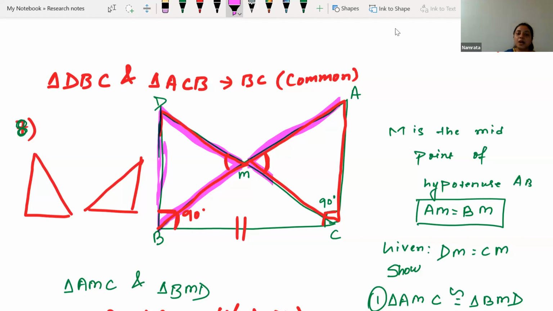For the first part, I was talking about these two triangles. We have already proved that these two triangles are congruent with each other. Since they are congruent, the corresponding sides will be the same and the corresponding angles will also be the same. We have not listed it down because it was not asked in the second part, but we need those things for proving the next part.